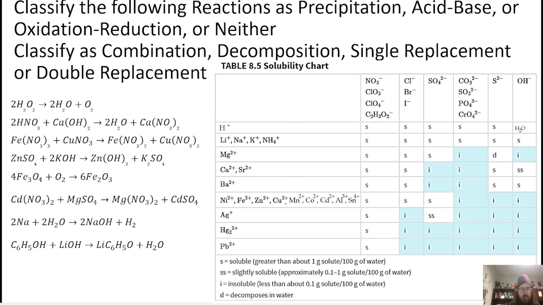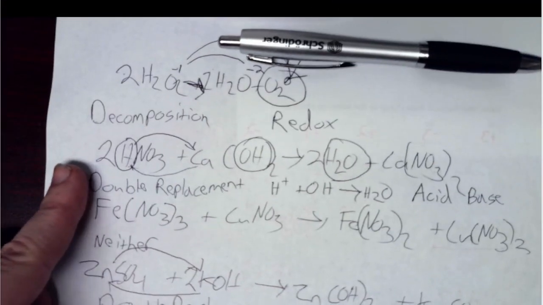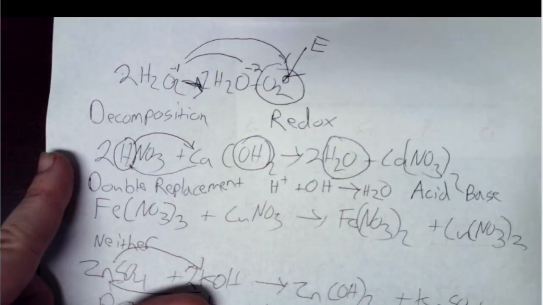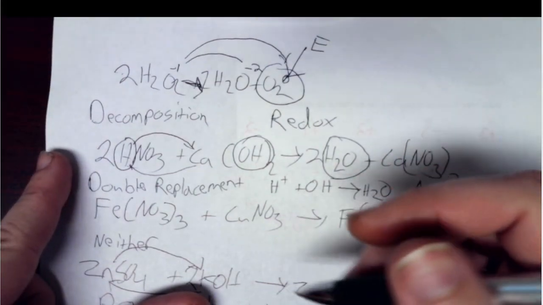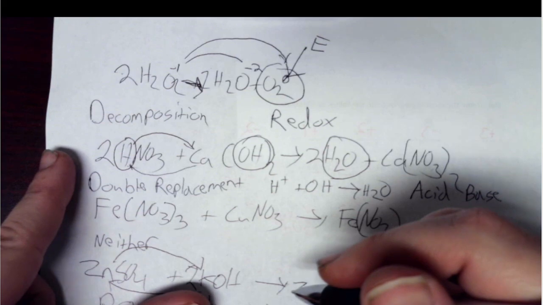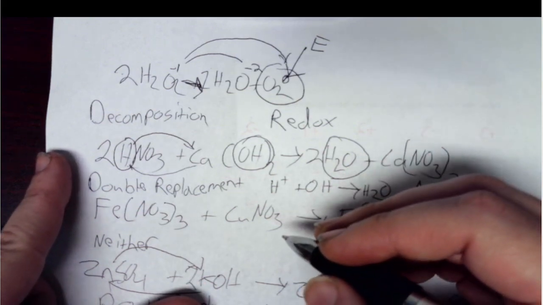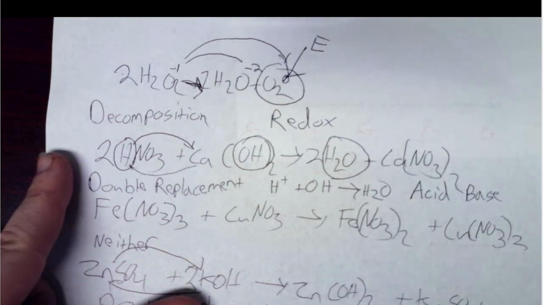Anything that's aqueous means it is not a solid. So with that in mind, step 4, and this is the hardest step, check the charges. Recheck your redox. If a charge has changed, it's redox. If a charge has not changed, it is neither.